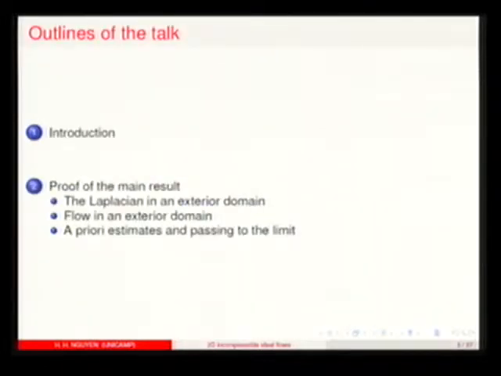Here, I will introduce the problem, some notions, and the main results. After that, I will give some ideas about the proof of the main result.